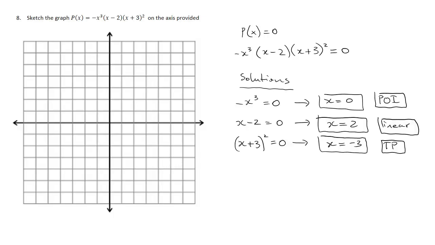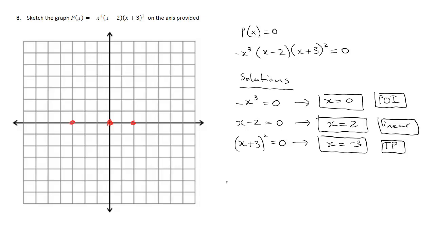Now, I'm going to draw in a different color. So we have a solution at x equals 0, we have the solution at x equals 2, and we have another one at x equals -3. Okay, it's not worth finding our y-intercept here because we already know what it is. It goes through 0.